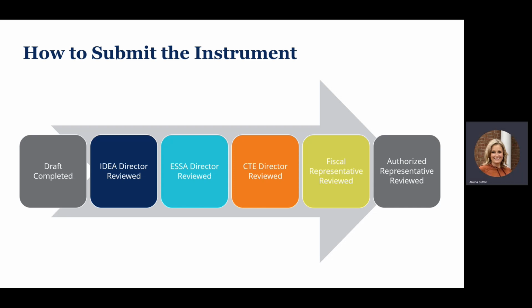After Authorized Representative approved status has been set, the department will receive a notice that the instrument has been submitted for review. At each level, the instrument may be approved or returned. Please note, if you return the instrument to be edited, IDEA, ESSA, and CTE directors, as well as the fiscal representative and authorized representative, must then approve it again.